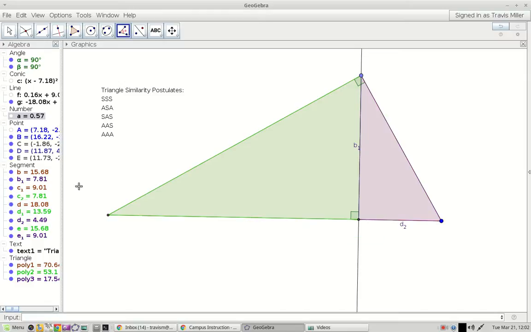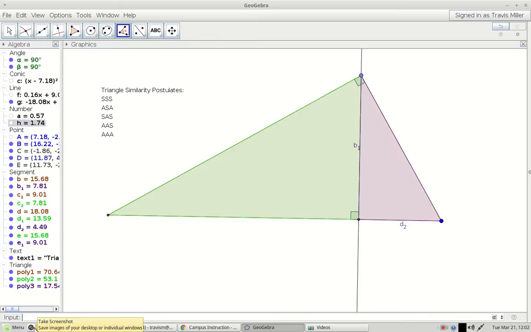That looks like it's D1. So I'm going to go in my input, and I'm going to type D sub 1 equals, and this is B1, but in its own triangle, it is C2. Interesting labeling. So divided by C sub 2.